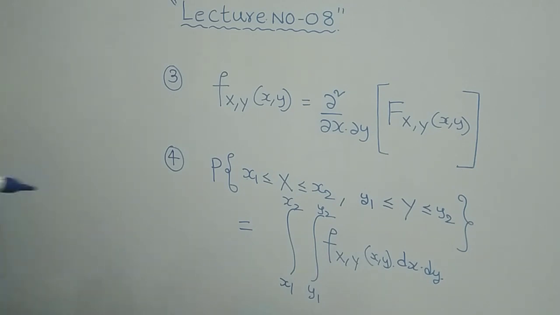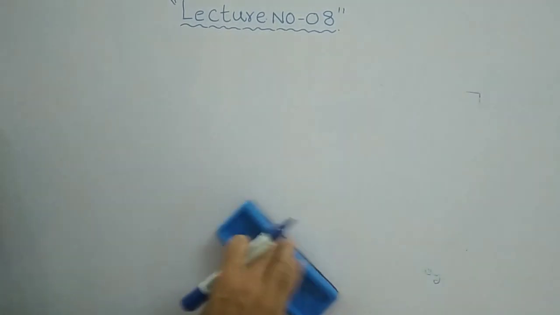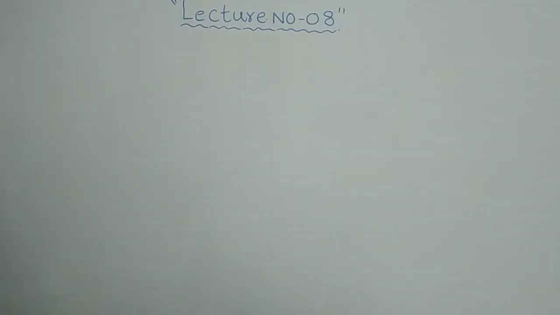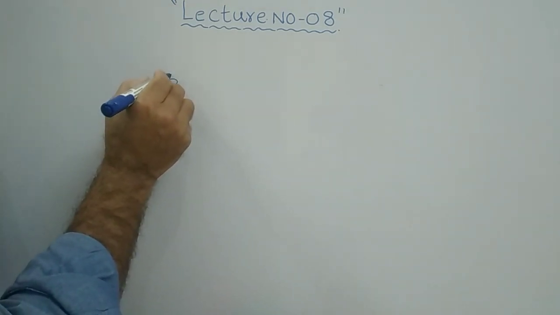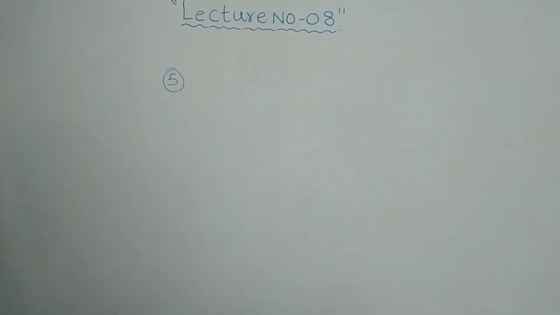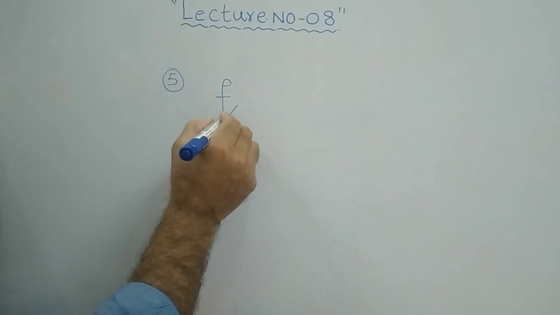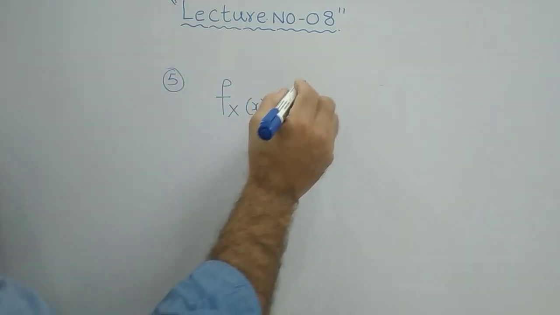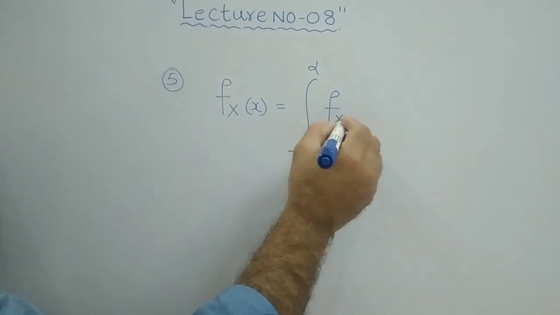Now another very important property of the joint probability density function, the fifth property, let us say, is something like this. f of x of x is equal to the integral from minus infinity to plus infinity of f of x comma y dy.